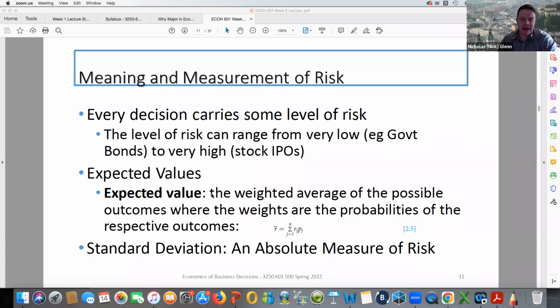Now, the expected value, this term here, is just an average of all the returns that you get. You weight all these possible returns by the probability that each is likely to happen. The example most people like to give for the expected value is a coin flip. You have two possibilities, heads or tails, and they both happen with a 50% likelihood. Let's say you get $1 if it's heads, 0 if it's tails.